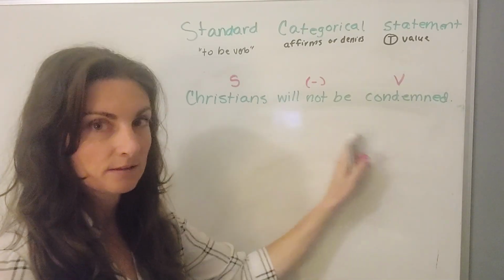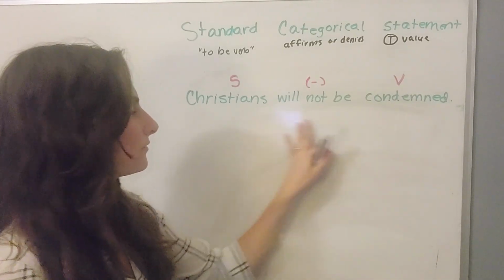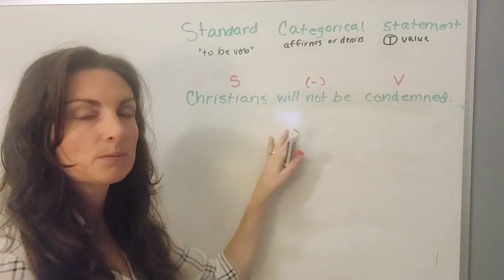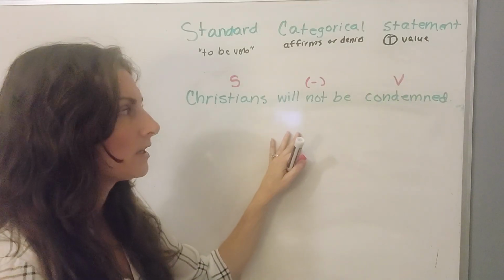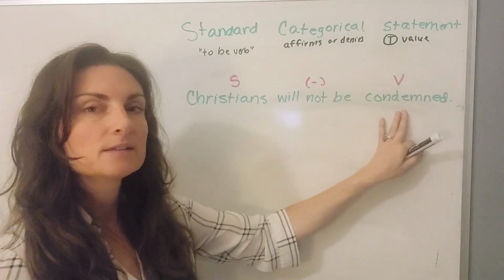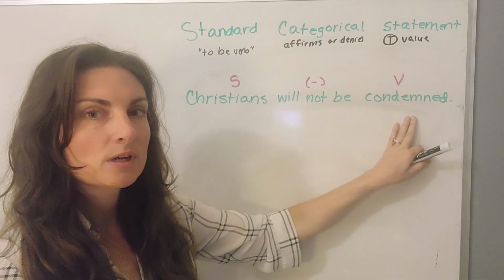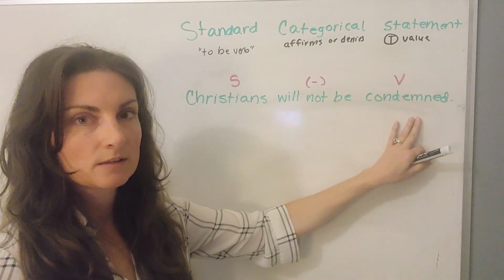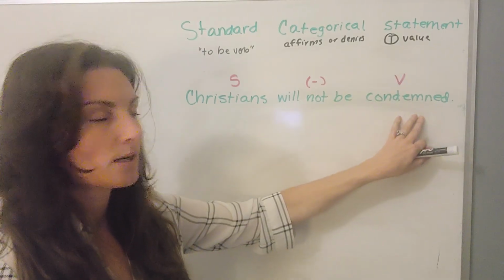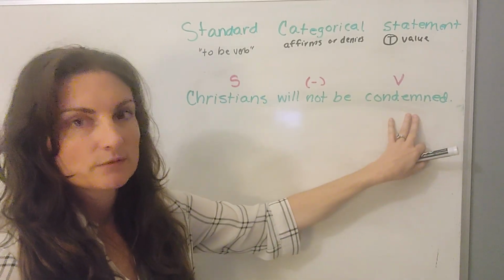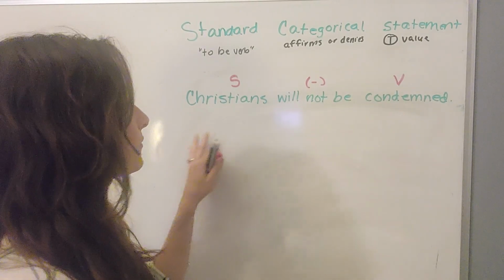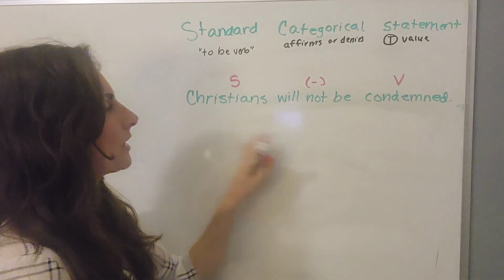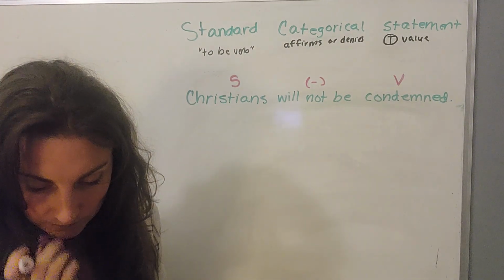This is passive. This is a passive form of the verb where the subject receives the action. So we could not say condemner in this one because the Christian is not the condemner. It's receiving the verb here. So we have to look at this one differently. And so we're going to slow down a little bit and we're going to work through this one.